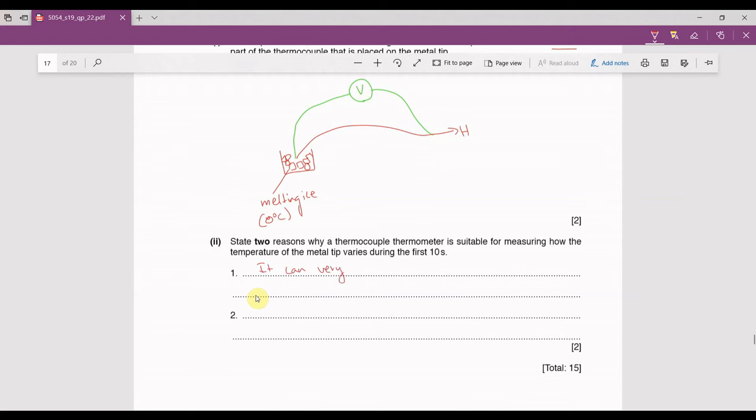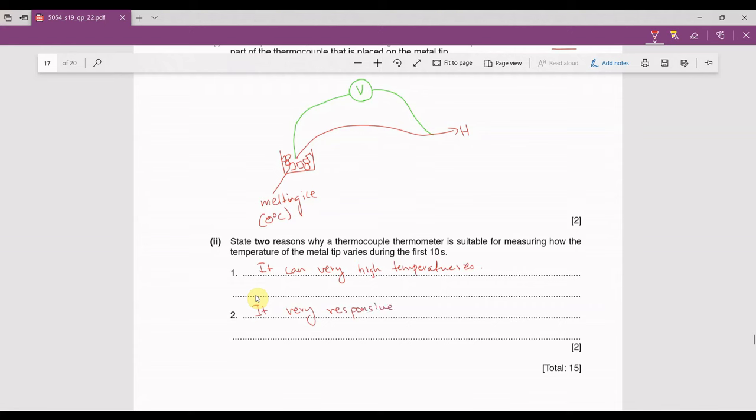And remember, our metal tip was as hot as 380 degrees Celsius. So we need a thermocouple thermometer for very high temperatures. The other thing is it's very responsive.